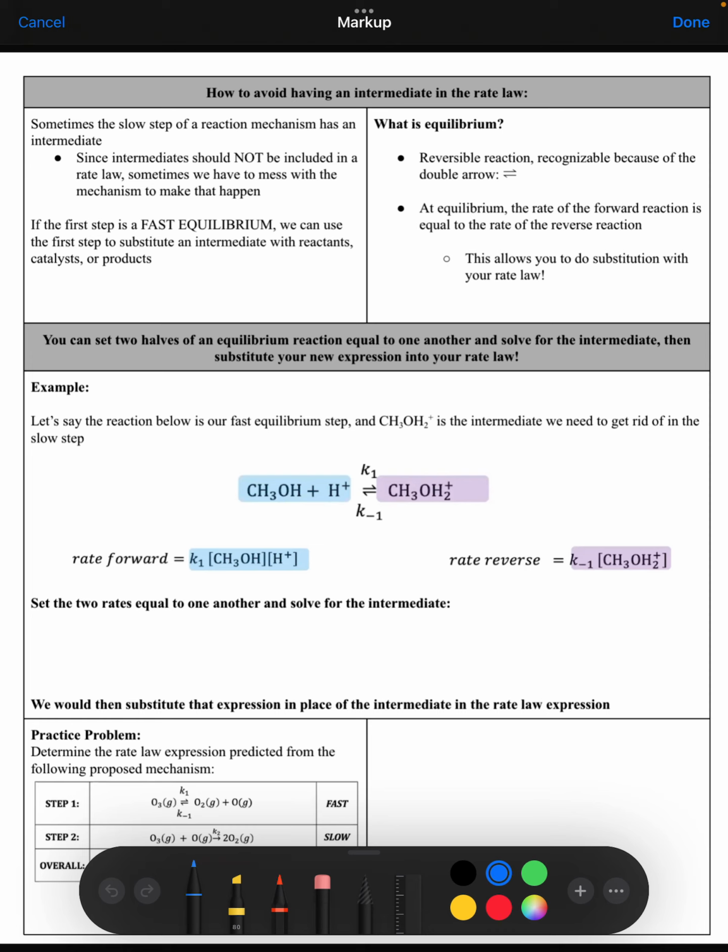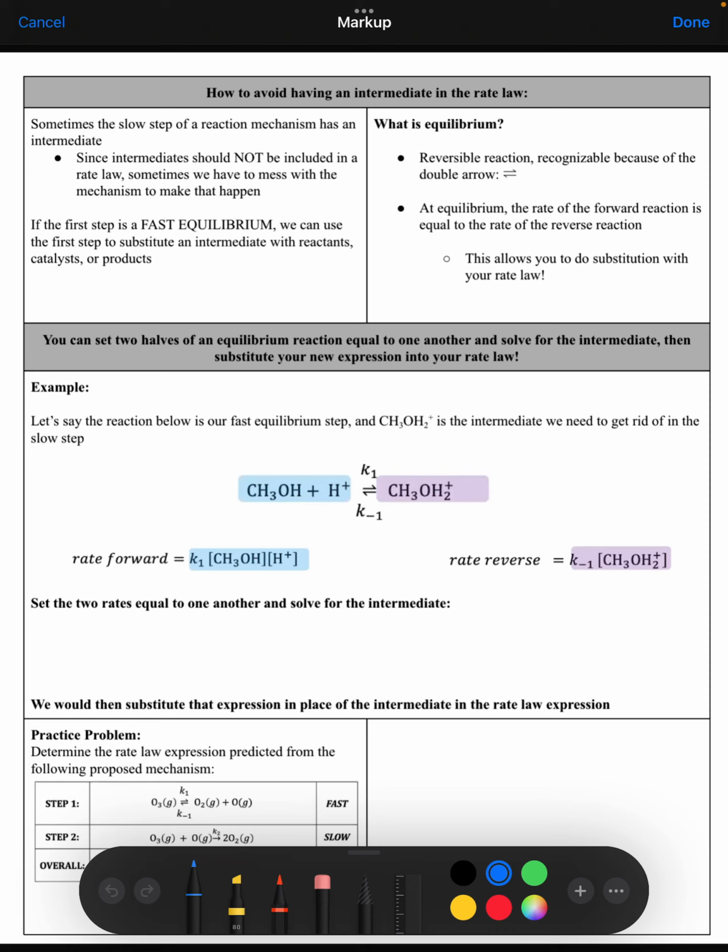We know that our reaction mechanism is made up of elementary single-step reactions. We also know that the rate law of our overall multi-step reaction should reflect the rate law of the slow step of our mechanism. But we are also told that we can't have any intermediates in the rate law.